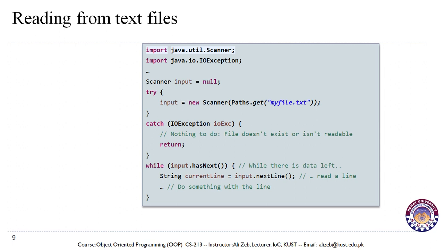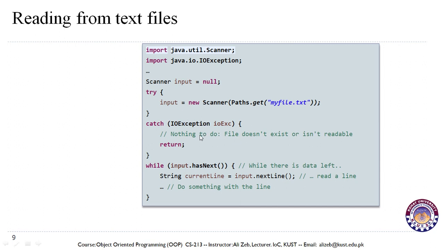All we need is to get the path of the file using the static method get of the Paths class, and provide the path of the file, and we store this information in the object of the scanner class. And then we can go through the object and read the text from a text file line by line.